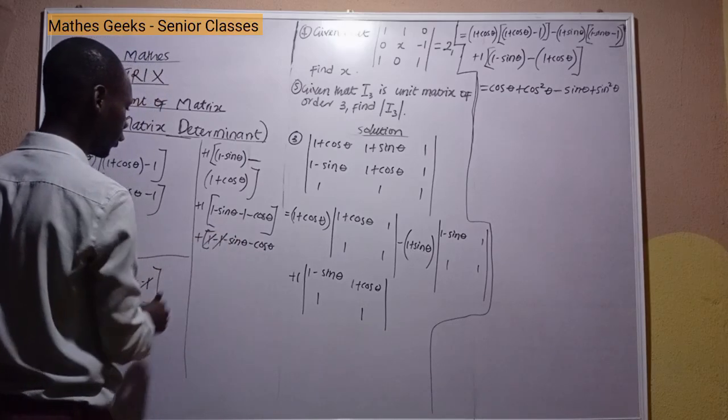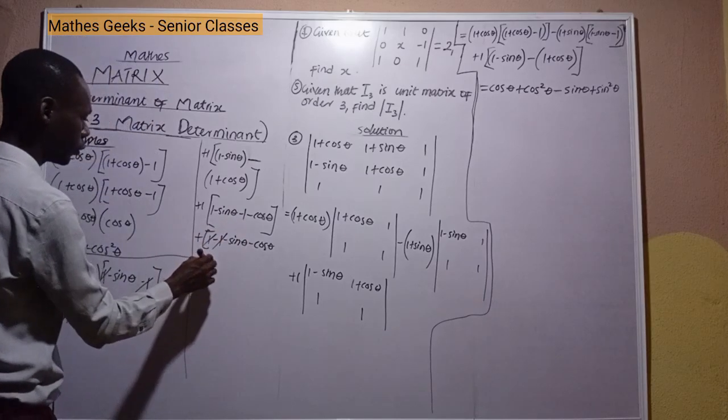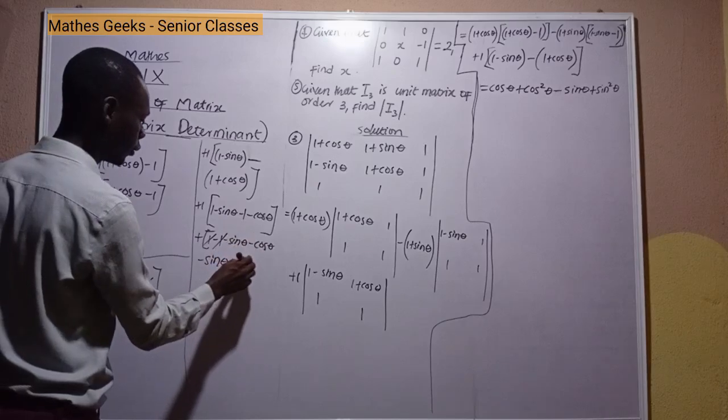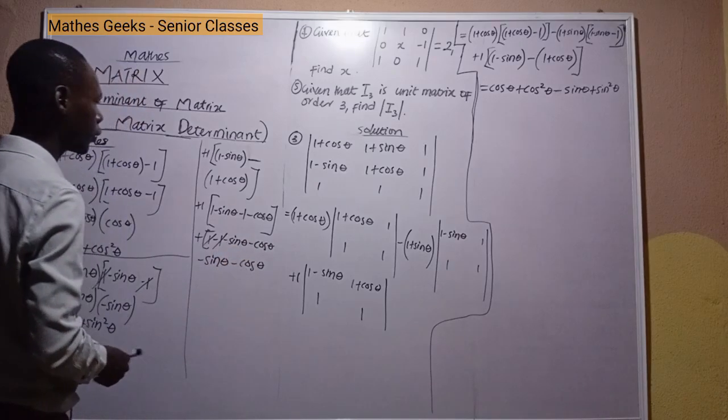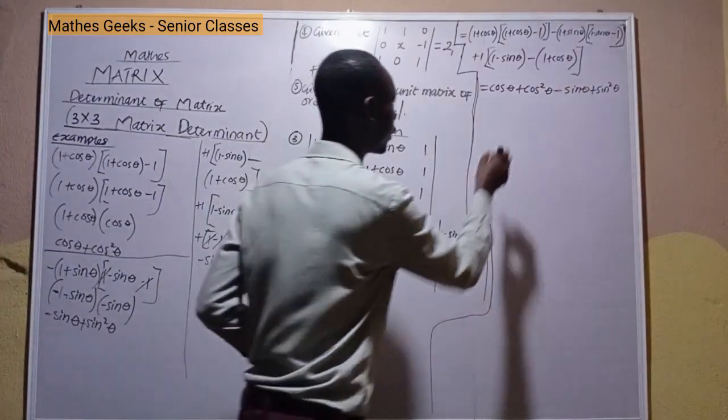So here we have 1 plus 1 times minus sin theta gives us minus sin theta, plus 1 times minus cos theta gives us minus cos theta. So minus sin theta minus cos theta over here.